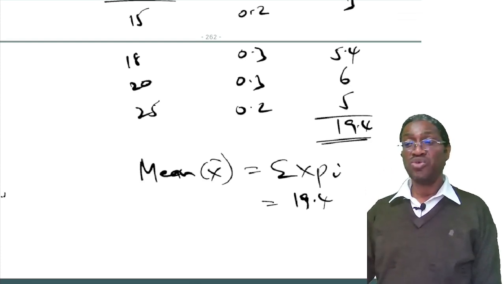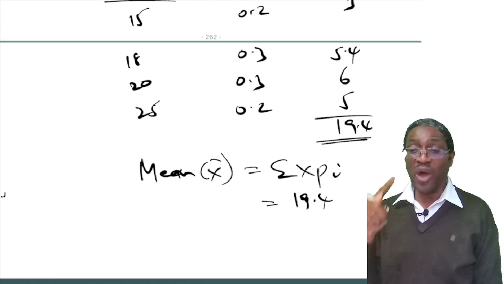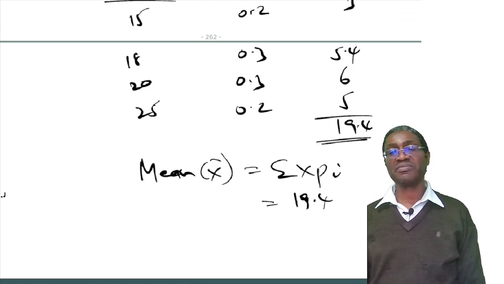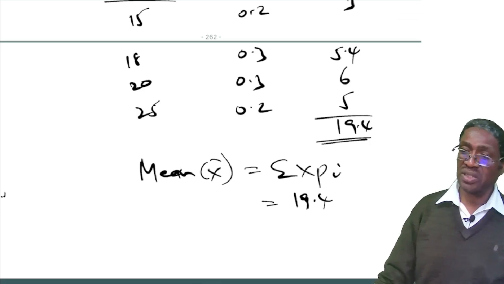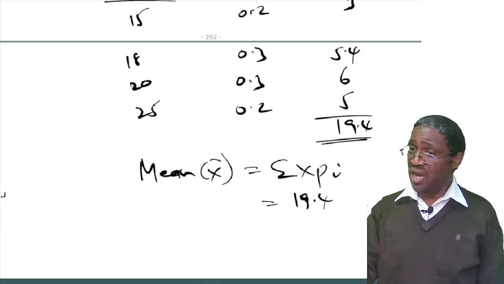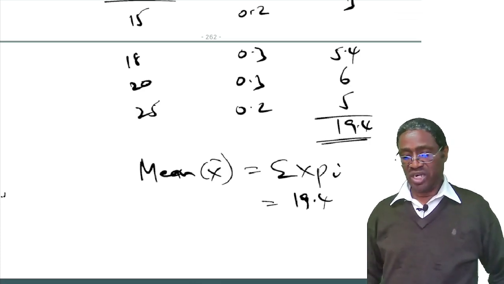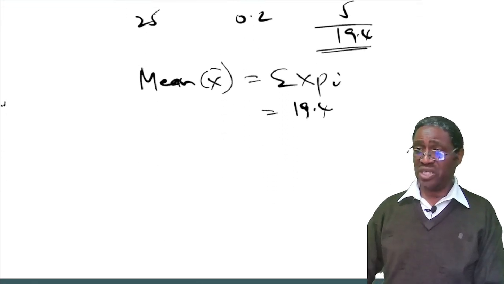You square them. That's what we are calling the sum of the squared deviations. This time, you multiply by pi, the probability. Good. So let me just explain first.